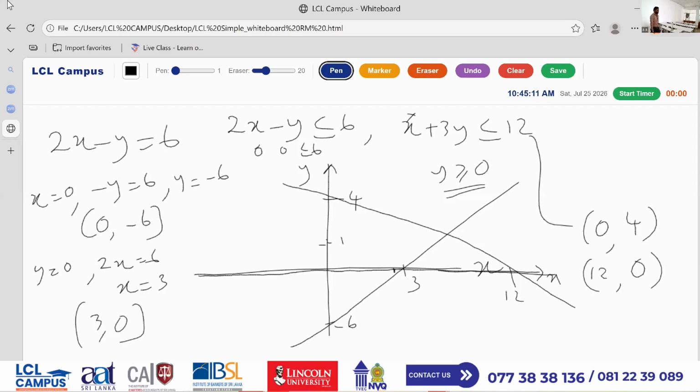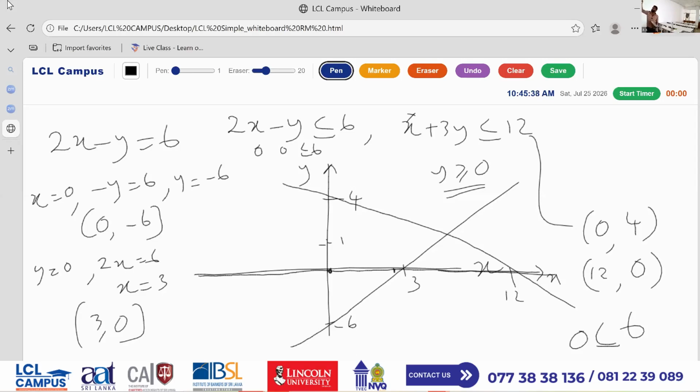But I am asking, 0 less than or equal to 6, the result can happen or can't? Yes, it can, because 0 is less than 6. That means the point 0, 0 lies on that inequality's side. So 0, 0 is this point, no?